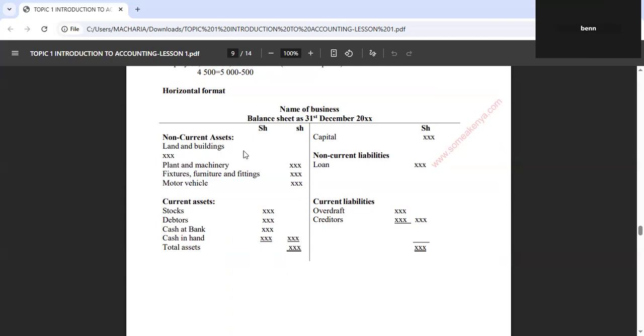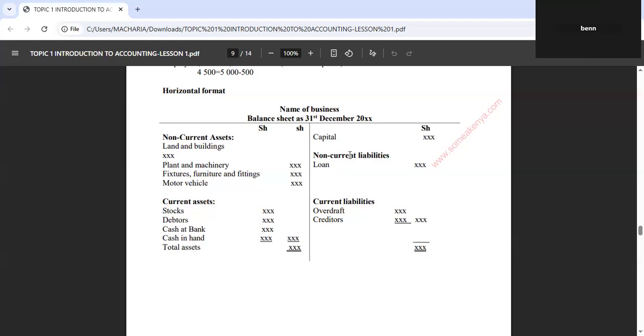We have land and building, plant and machinery, fixtures, furniture and fittings, motor vehicles. We also have current assets, and this is going to give you the total assets. On the other side, we have capital, non-current liabilities. These are examples of bank loans. Current liabilities, we have overdraft, creditors, prepaid, accrued expenses, like the one we mentioned above.